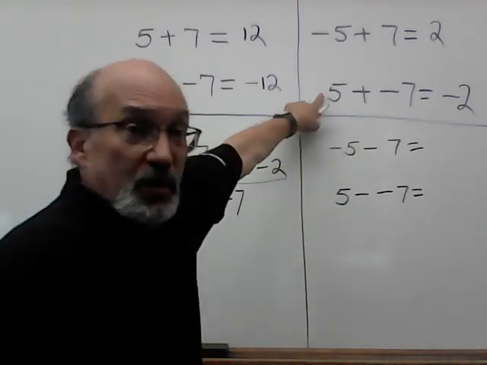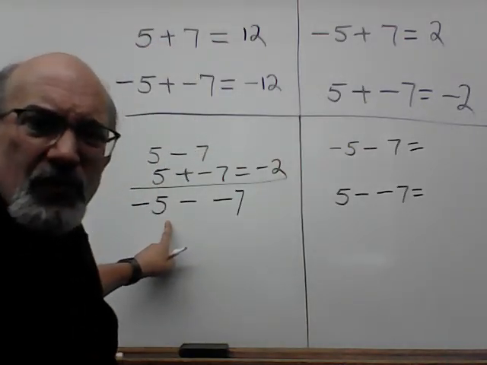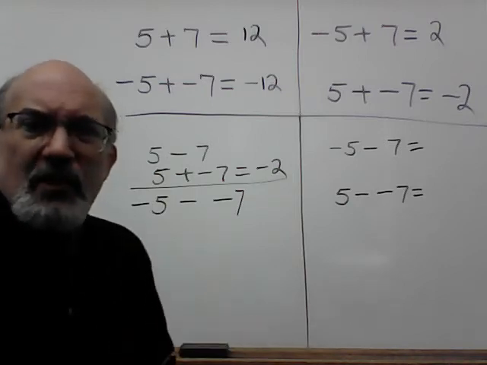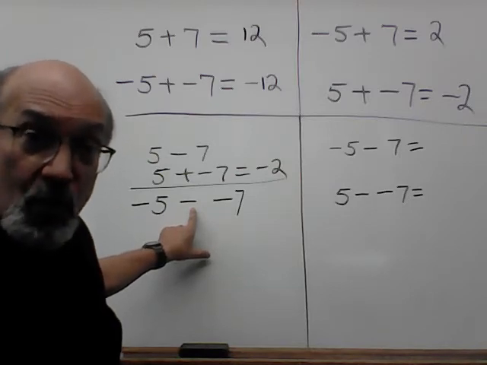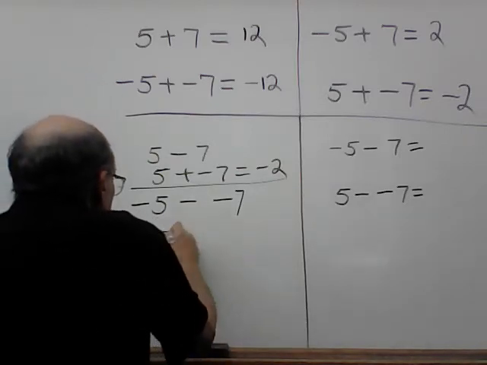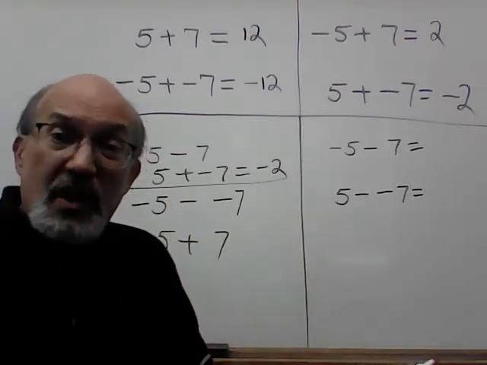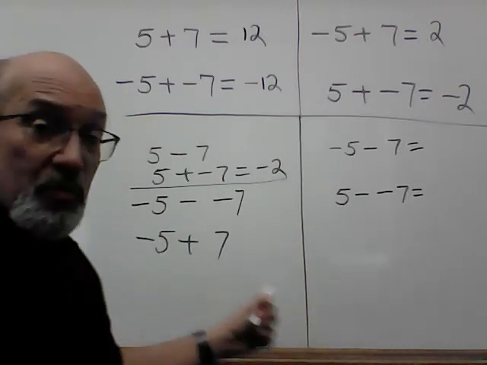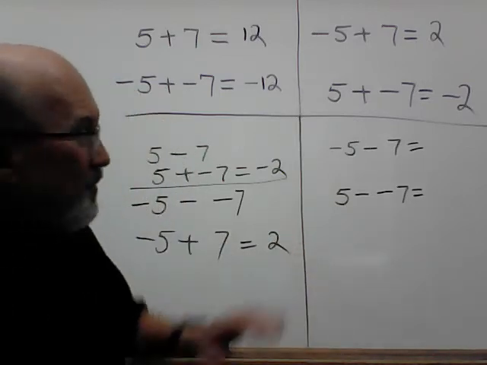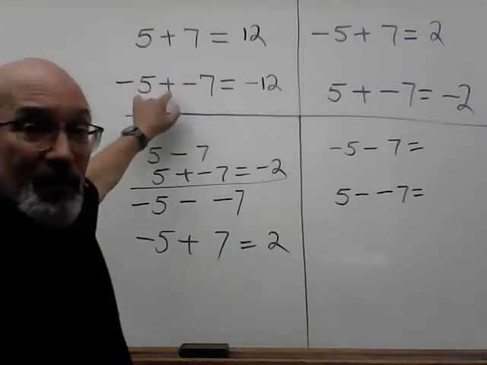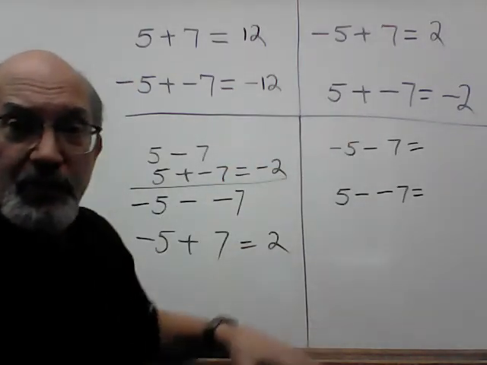See, it's the same addition as this one. Down here we have -5 minus -7. So we see this as a subtraction sign. How do you subtract a number? You add its opposite. We have to add the opposite of -7, which is 7. So this one becomes -5 plus 7, which is 2. So when I replace the plus sign on each of those additions up there with a subtraction sign, we actually got the 2 over there.